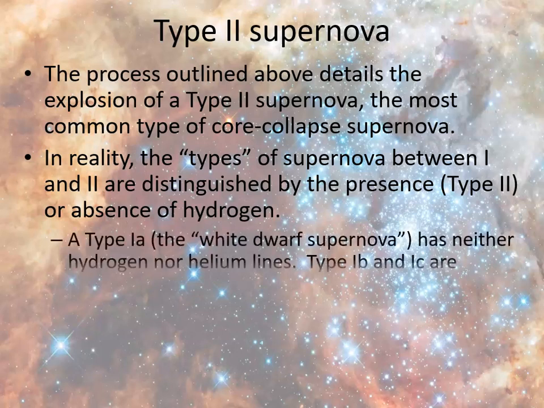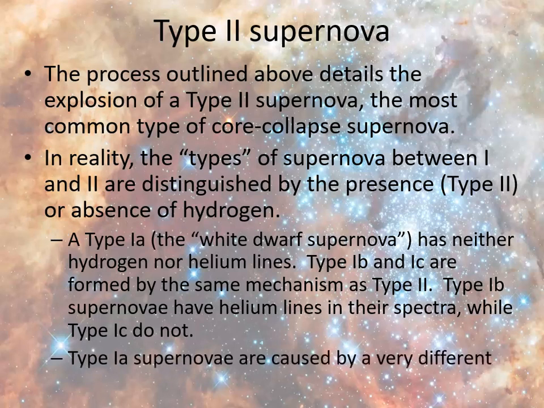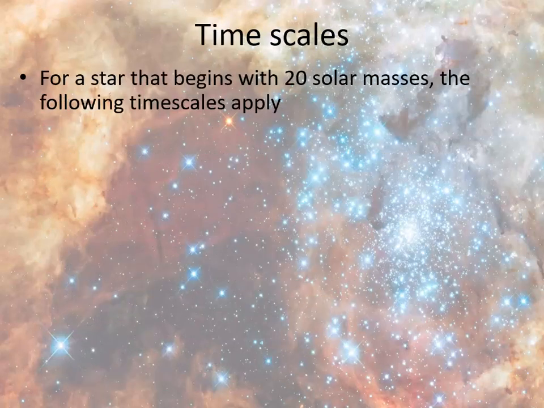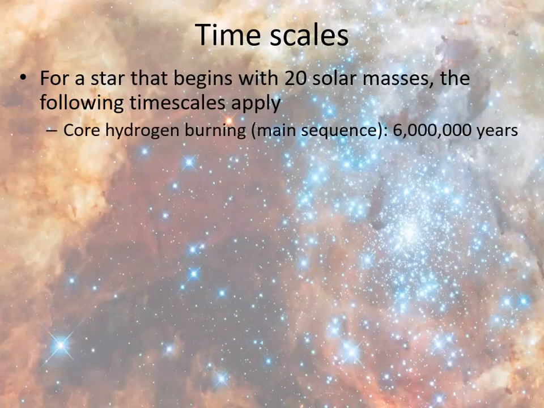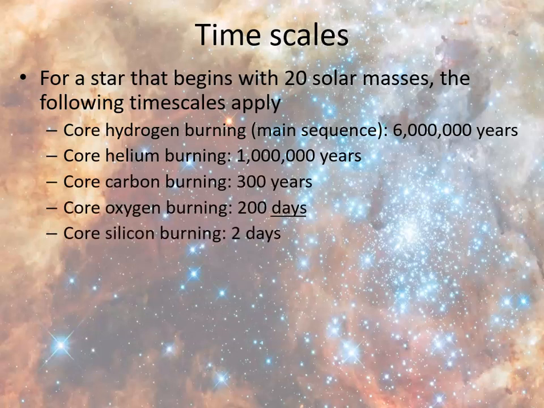But in any case, we're talking about core collapse supernovae today, and these are situations where you end up getting mainly an iron-nickel core, and that ends up collapsing once nuclear fusion turns off. So, in terms of timescales, again, we mentioned that core hydrogen burning, core helium burning, core carbon burning, that's 300 years. Core oxygen burning takes 200 days.